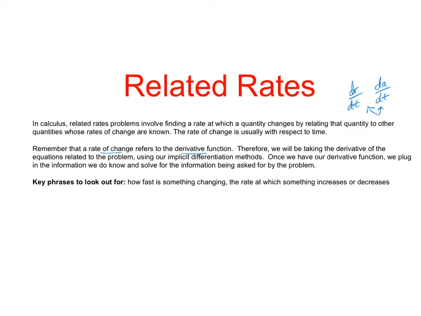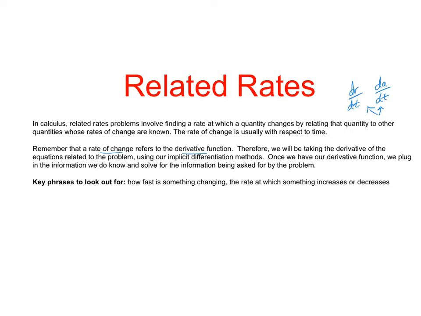Depending on the problem, the equation will change. We are going to be using our implicit differentiation methods to take the derivative of these equations, because there are going to be more than one variable in these equations. Once we have our derivative function, we will plug in the information that we do know and solve for the information that is being asked for.